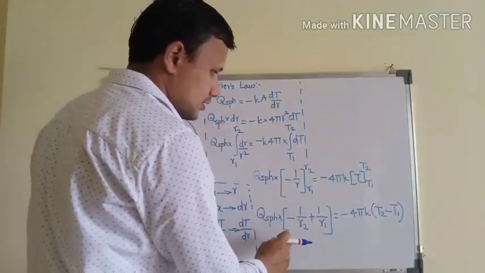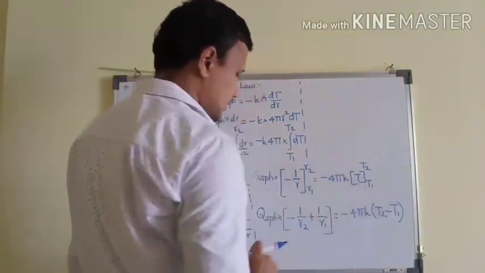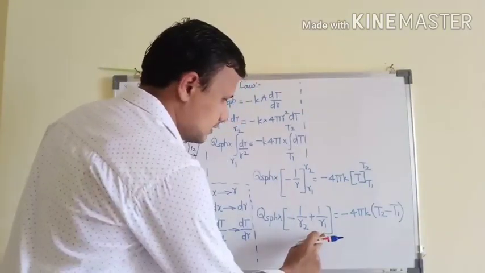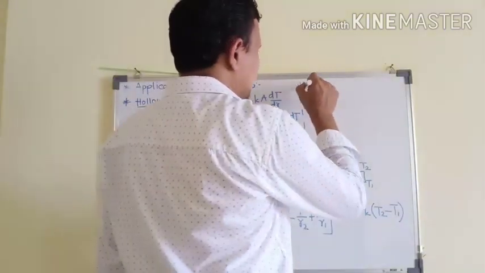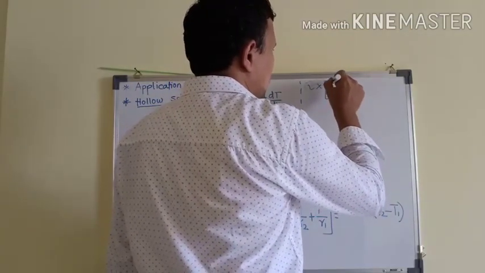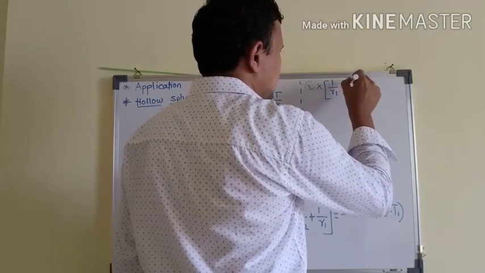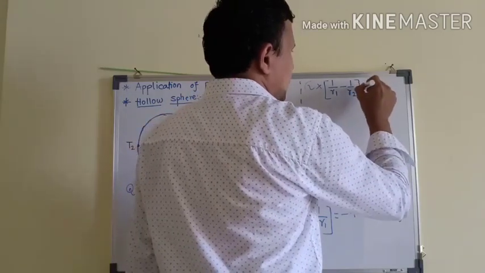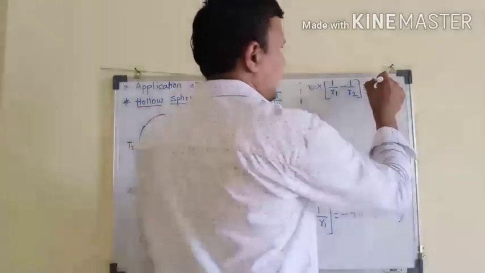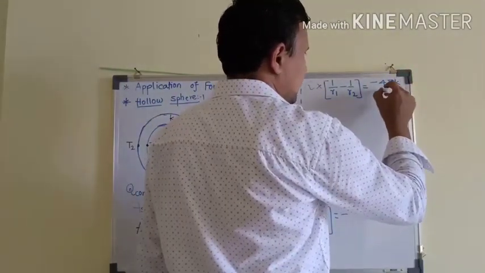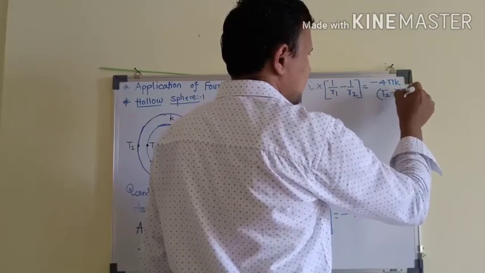Now we will rearrange this term and absorb this negative sign inside the bracket. What we get here is q for the sphere into 1 upon r1 minus 1 upon r2. On the right hand side we have minus 4 pi k multiplied by T2 minus T1.